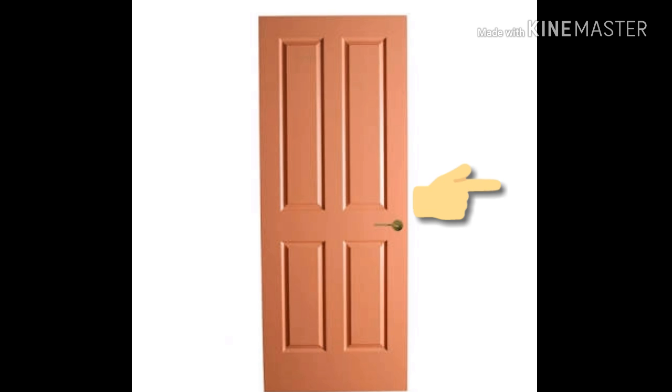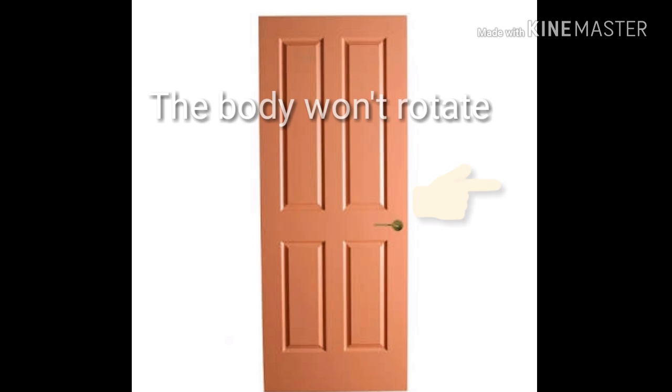And the second: if there is a plane containing both the line of action of the force and the axis of rotation in the same plane, the body never rotates about its axis. It means if the body and the line of action of the force lie in the same plane, the body is never going to rotate.